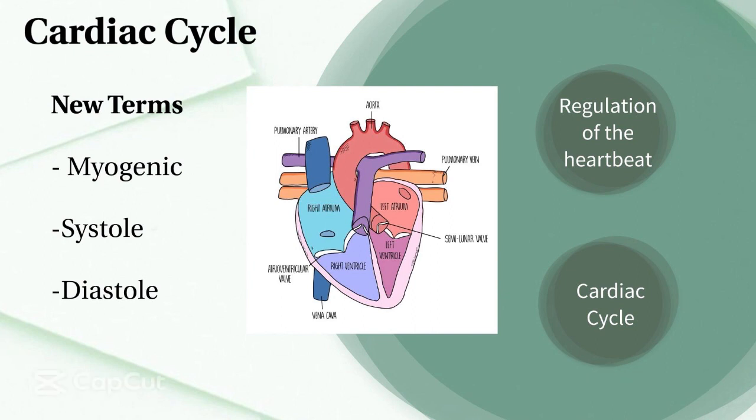From the left atrium, the blood moves into the left ventricle, the lower right chamber, again via an atrioventricular valve. You may call this the mitral valve. And then from the left ventricle, the blood moves out through the aorta, through the aortic valve and to the rest of the body to deliver oxygenated blood.